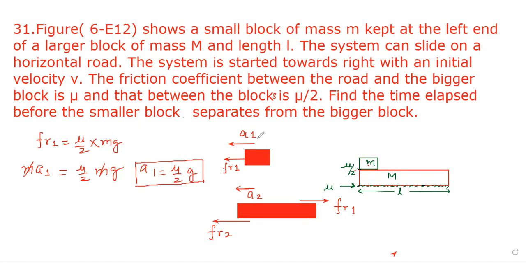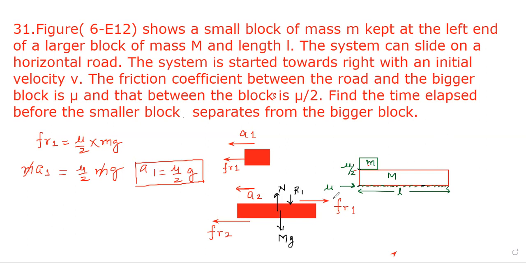Now, if we consider the lower block, its normal reaction is suppose N and its weight is capital Mg, and also due to the smaller block there will be a reaction, suppose R1.